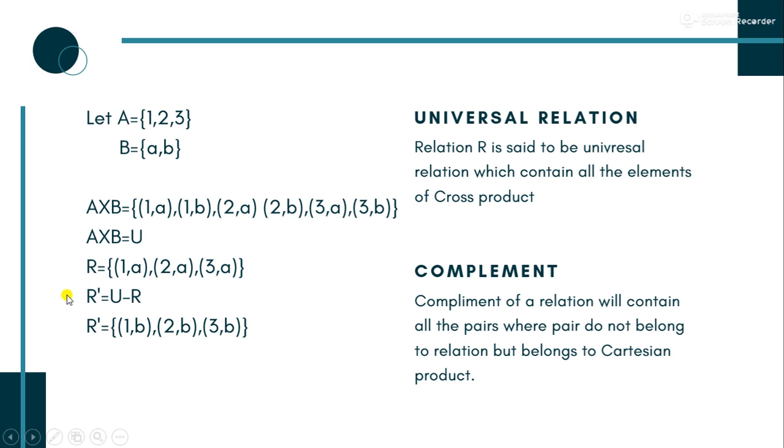If you want to find the complement of a particular relation, then we need to subtract that relation from the universal set. The universal set is nothing but the cross product. This is how we can find the complement of a relation.